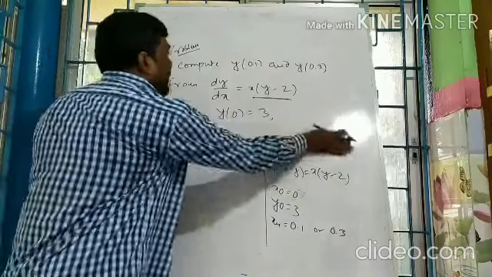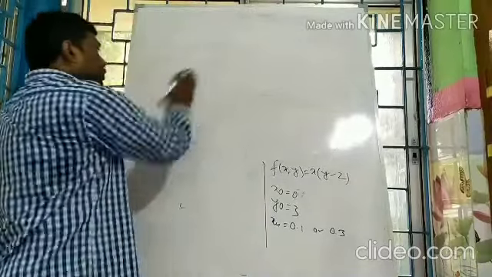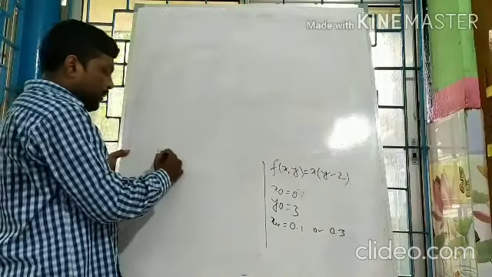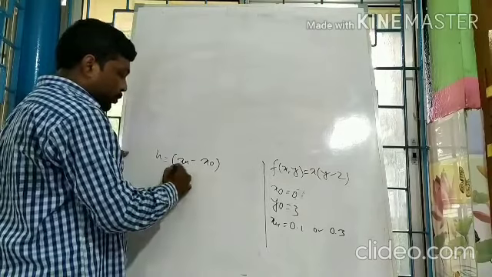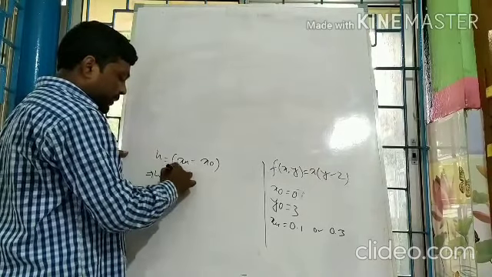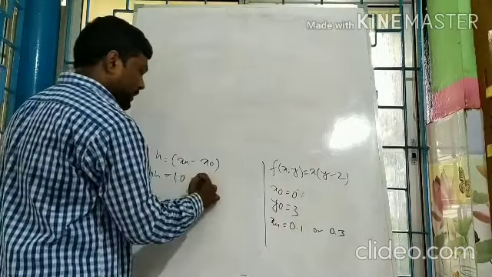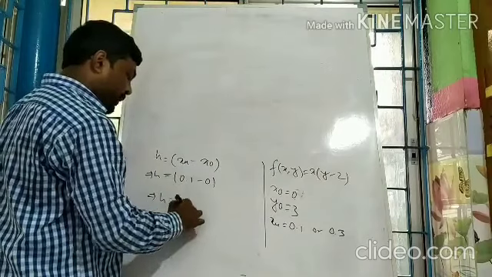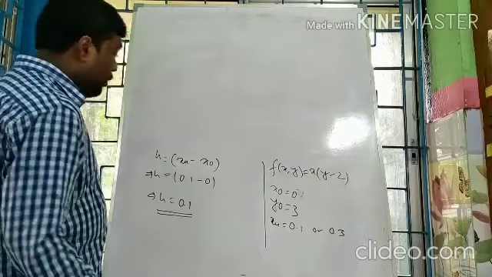So first calculate h. For the Taylor series method, h = xn minus x0, so h is 0.1 minus 0, h = 0.1. For the first case, we take h = 0.1.